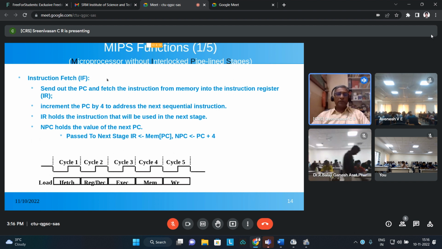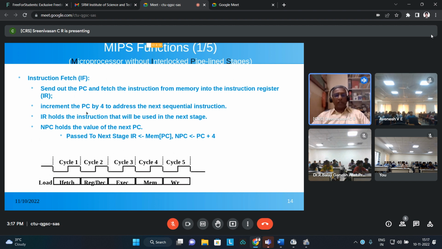So when an instruction fetch happens, what actually happens? There is a program counter, and the instruction is fetched from the memory into the instruction register, which is called the IR register, right?